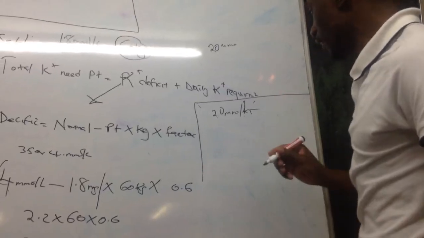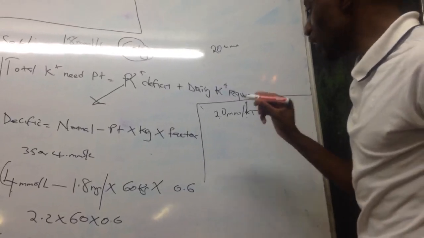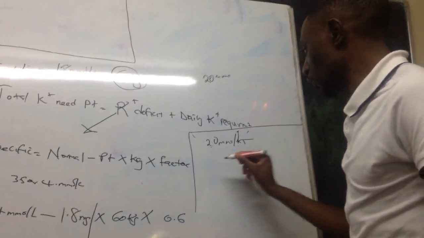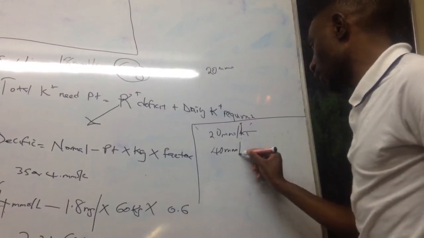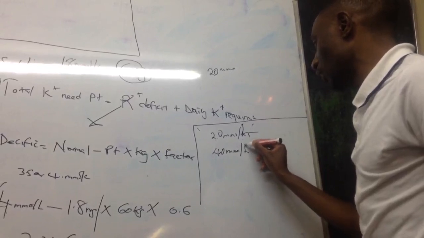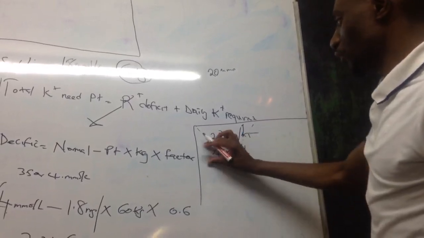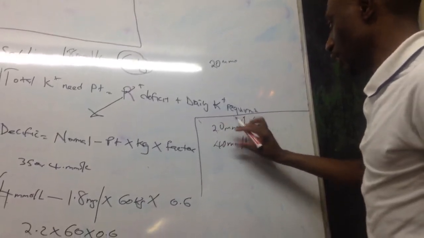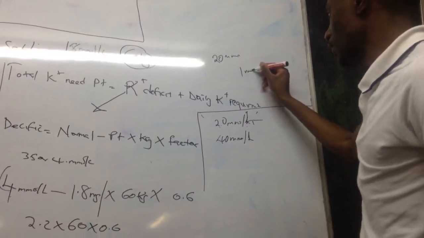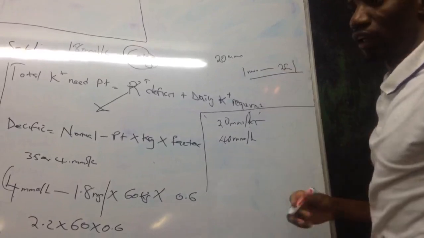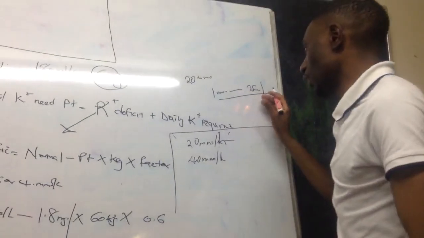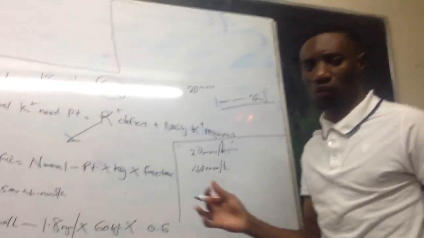Usually 40 millimoles of potassium is added per 1 liter. They like using this ratio, which is 1 millimole of potassium to 25 mls of fluid. In this case, we use normal saline. You can use Ringer's or normal saline.